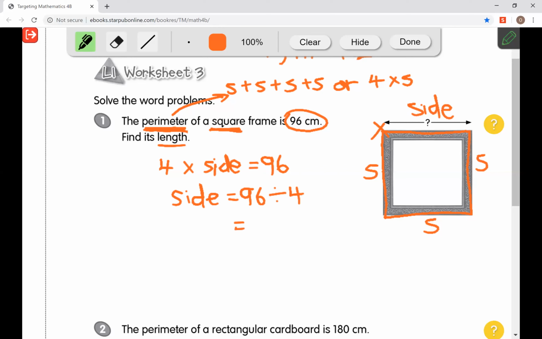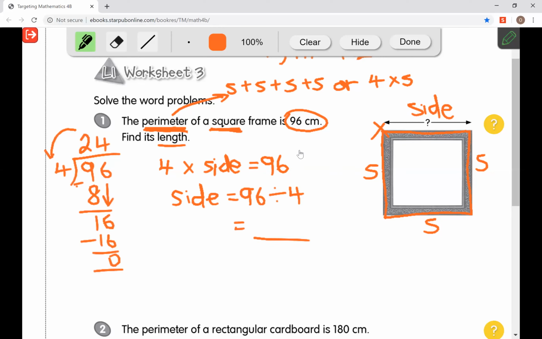And that will give me, so do your long division, 96 divided by 4. I get 2 groups of 4. Multiply 2 times 4 is 8. So 96 divided by 4 gives me 24.